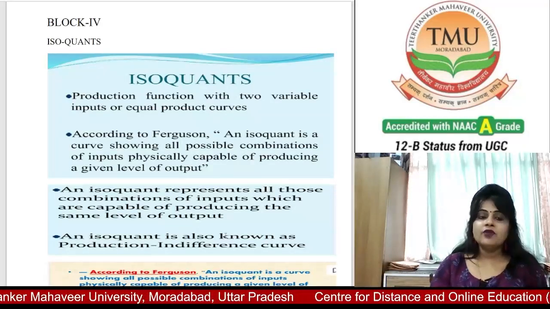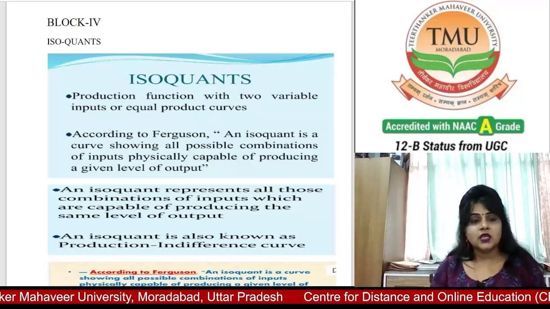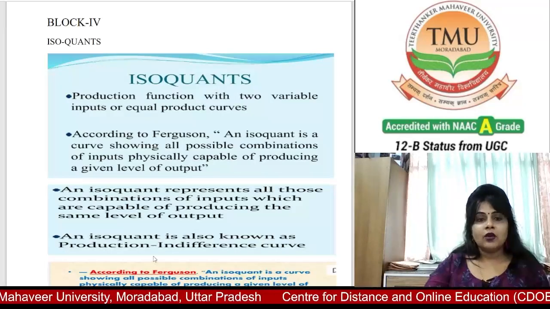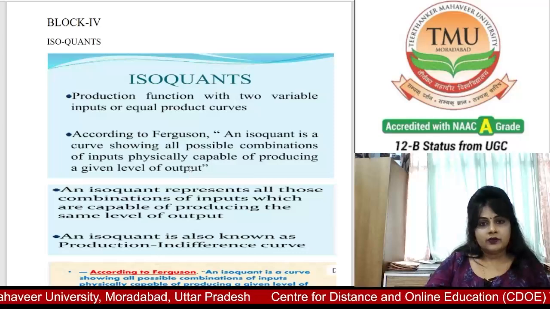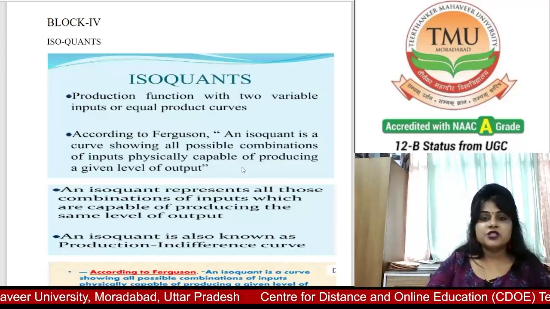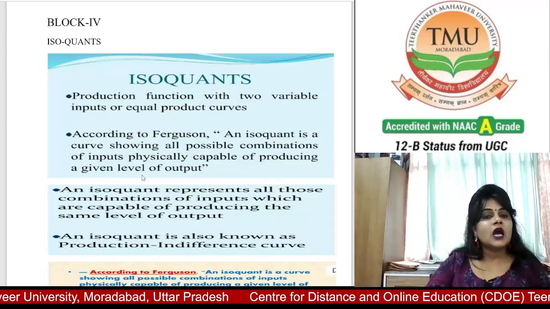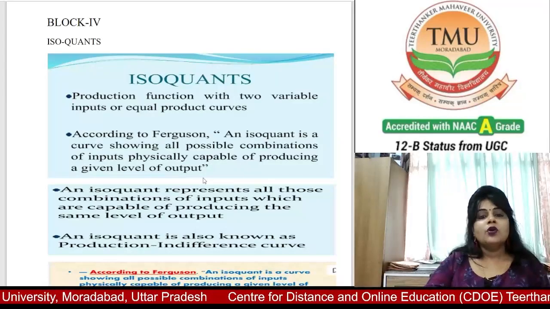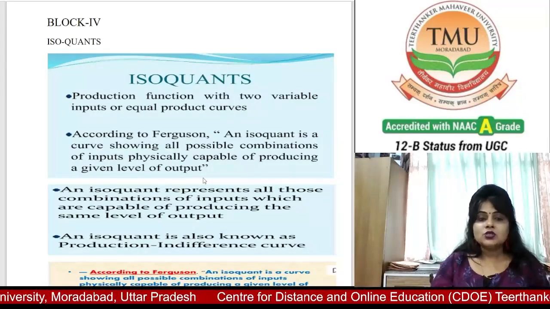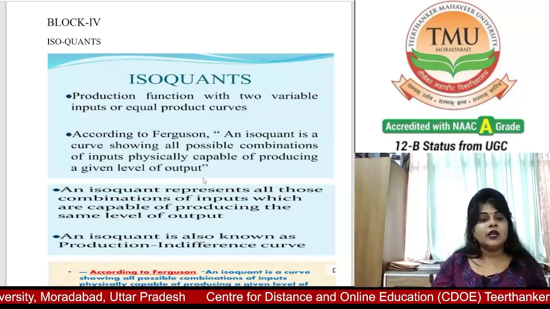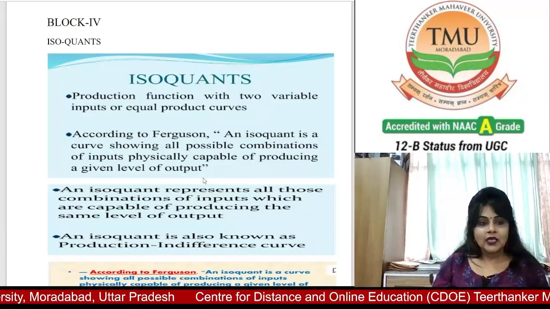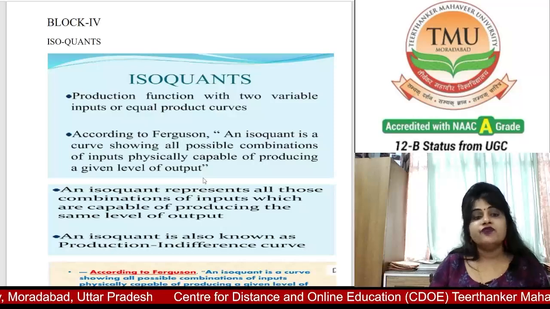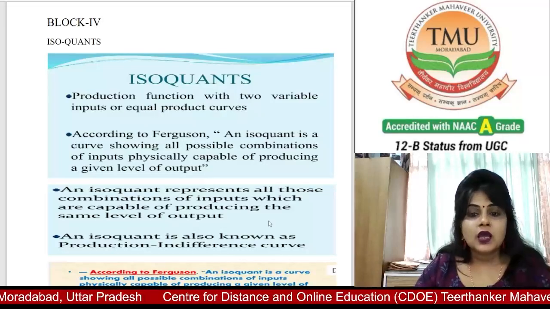Essentially, the curve represents a consistent amount of output, as I also written in this definition, capable of producing a given level of output. It means amount of output. The isoquant is known alternatively as an equal product curve or a production indifference curve.